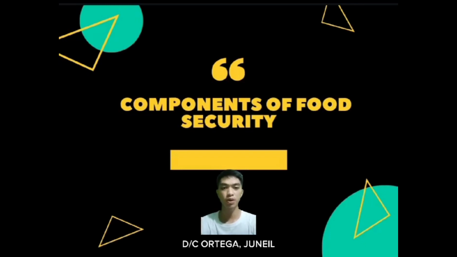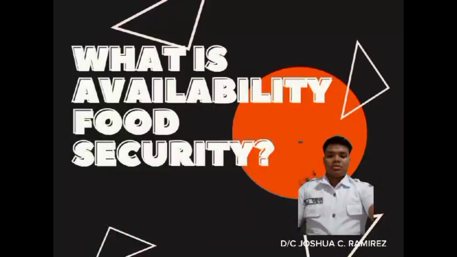Proper utilization involves ensuring adequate nutrition and safe food practices. And stability is crucial, requiring resilience to shocks or disruption to maintain consistent access and availability over time.